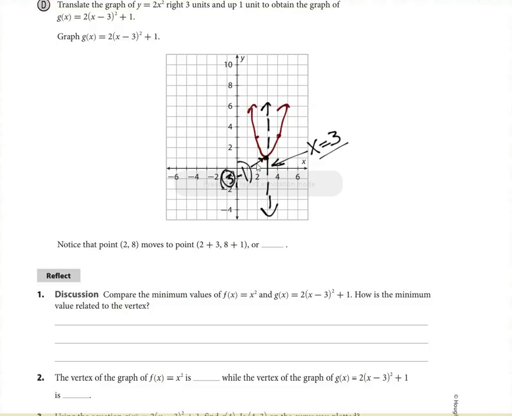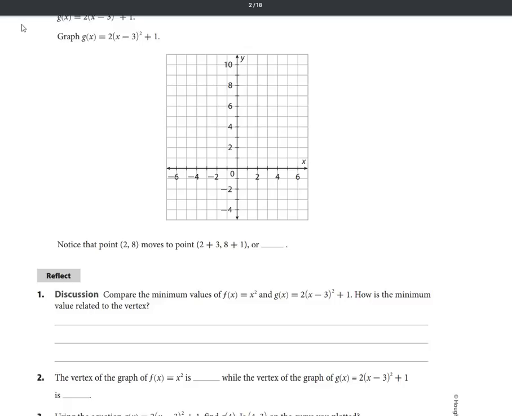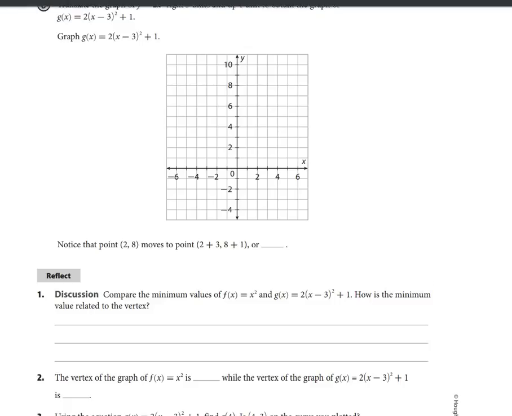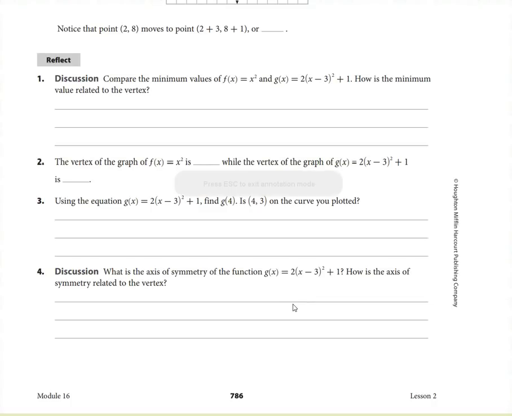That is going to be where the axis of symmetry is located for a quadratic function, for a parabola. And this fourth question here is basically answering what I just was talking about: the x coordinate of the vertex is also the equation of the line that is the axis of symmetry for these parabolas.